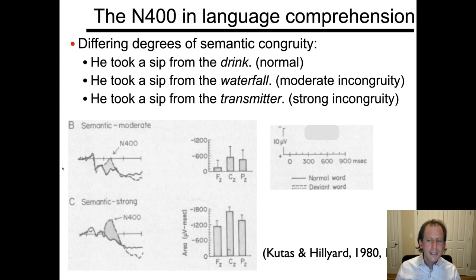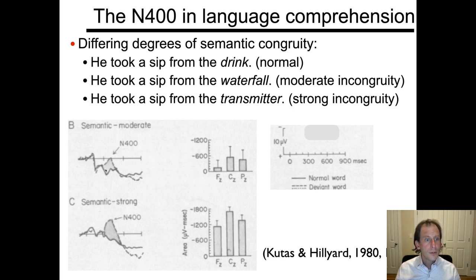And figures B and C from the original Kutas and Hillyard paper on this, now a classic, looked at the relationship between the solid line, which was the normal condition, averaged over many subjects and trials, with many different items for these kinds of cases where, once again, we always had a normal, moderate, and strong.